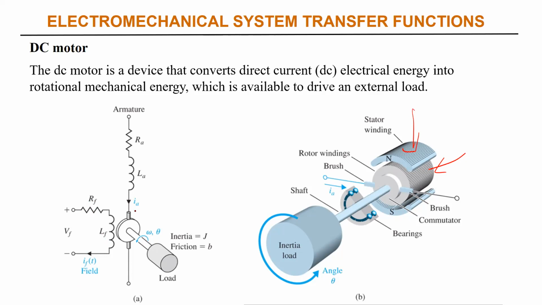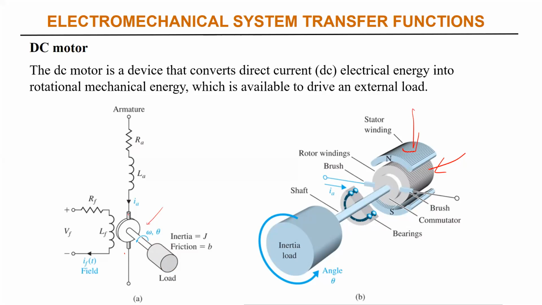The only thing in the armature, since I'm rotating coils in a magnetic field, is that I'm going to get a certain back EMF. And this is the voltage, and the voltage usually opposes the armature voltage. And I will collect the motion through a shaft which I can connect to a load where I would like to use this motion or the position.